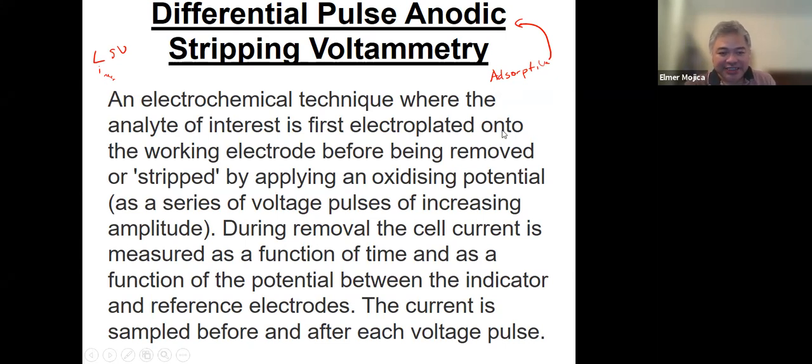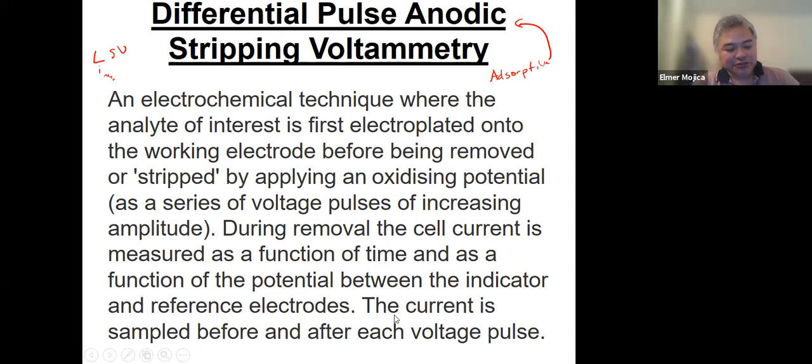Okay? And the way that it did here, since you're applying this potential, you're converting your target analyte, okay, to its reduced or oxidized form. Now, during the removal, the cell current is measured as a function of time and as a function of the potential between the indicator and the reference electrode.